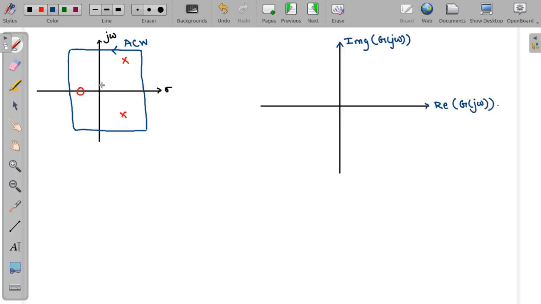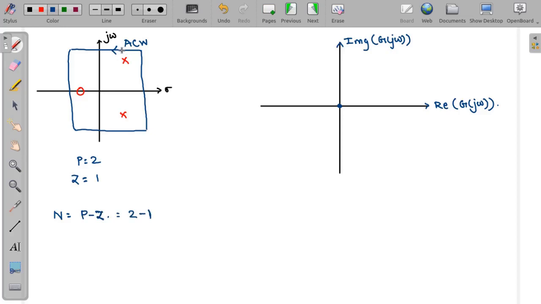Look over here. You can see the number of poles is 2 and the number of zeros is 1. Whenever you have to see the number of poles and zeros, those are the ones enclosed by the closed contour. So the number of encirclements around this origin will be, as this is a pole dominant system, P minus Z, that is 2 minus 1.